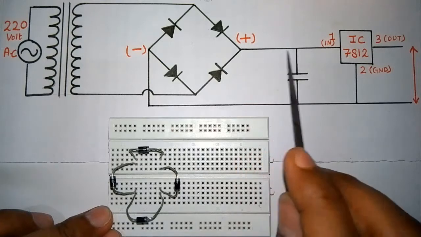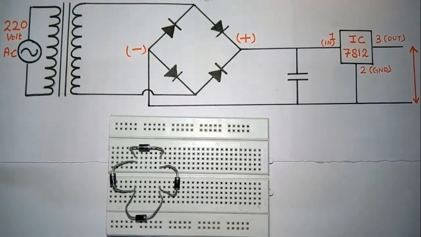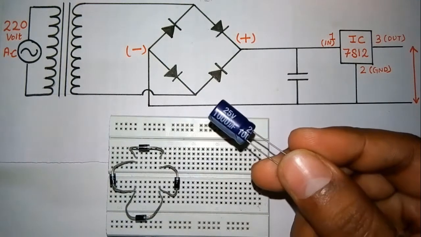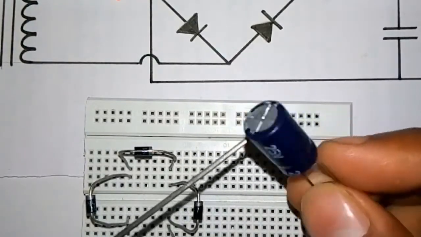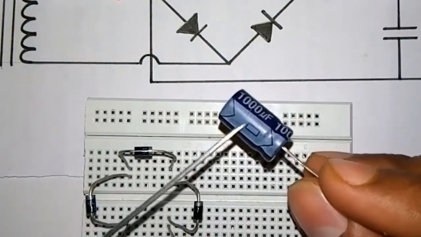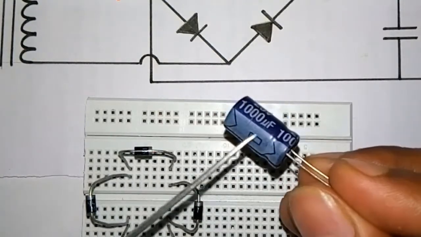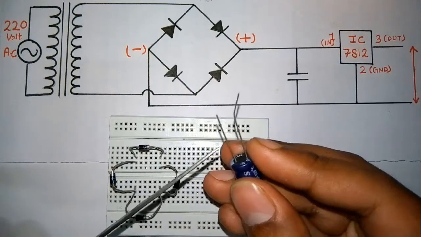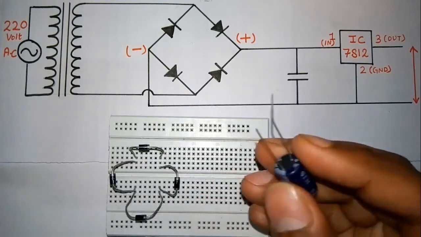Now I'm going to connect my capacitor from here. Positive, negative. This is my capacitor. I am going to use a 1000 microfarad capacitor with a 25 volt rating. This is the negative. It will be mentioned on your capacitor, or you can see that the shorter leg will be the negative and the longer leg will be the positive.